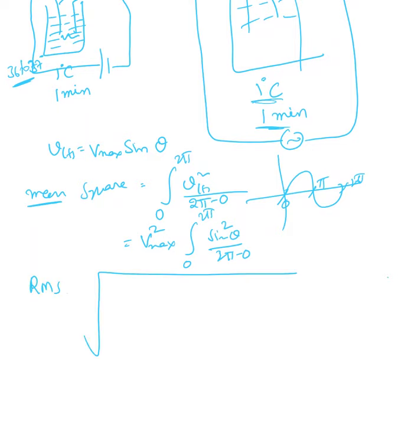Now the RMS value is nothing but the root mean square value. That value is equal to the square root of the integral from 0 to 2 pi of V max squared sine squared theta d theta over 2 pi minus 0.